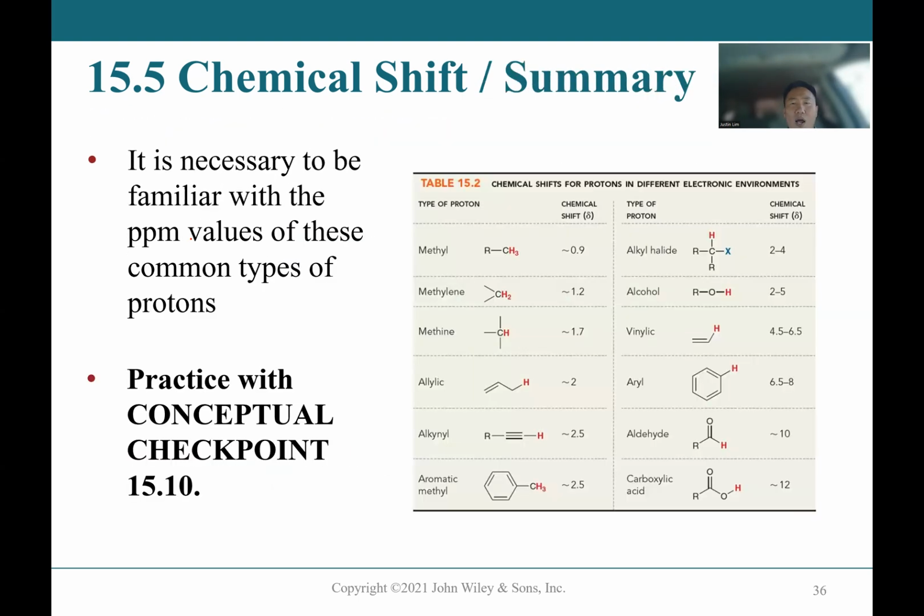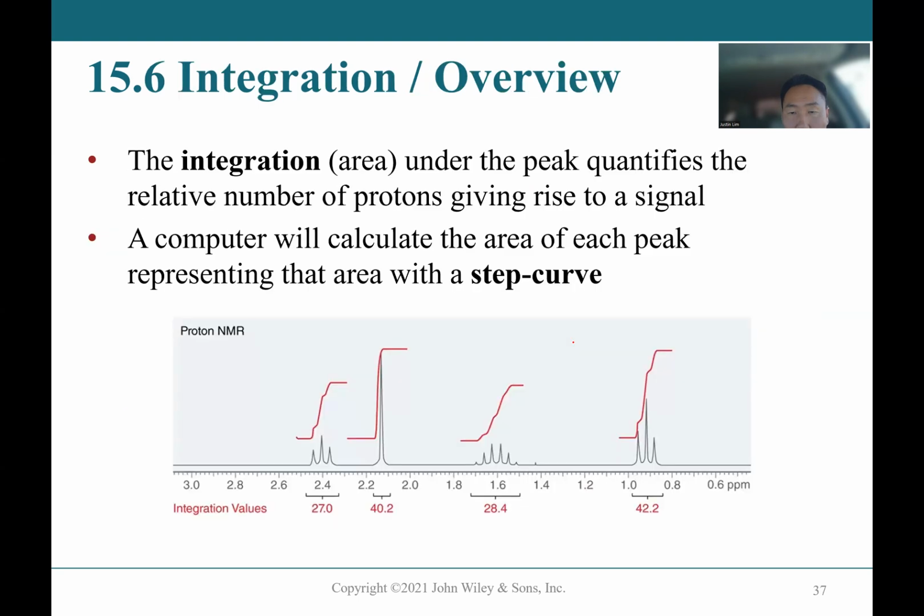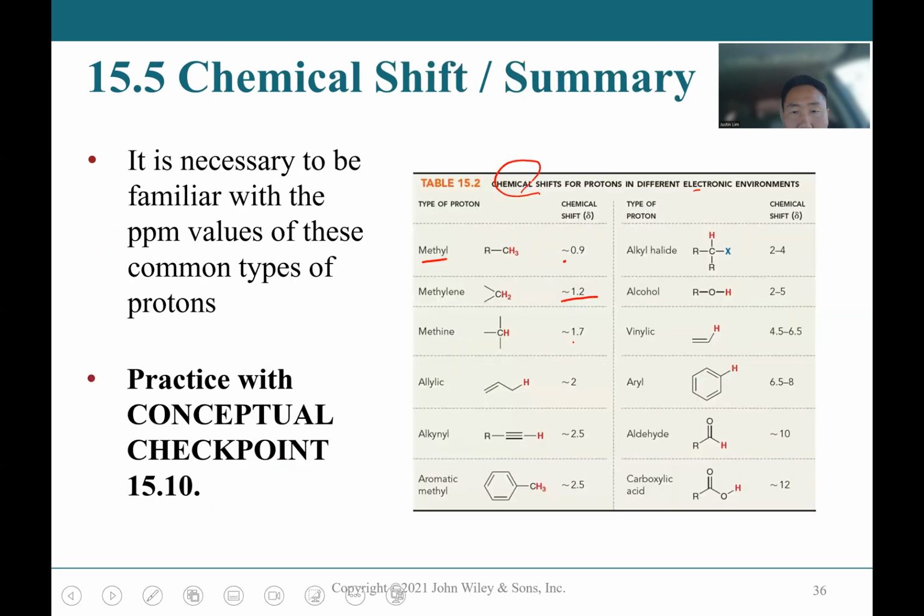You need to memorize chemical shift for protons in different electronic environments. So methyl group, red color, you can see around 0.9, methylene around 1.2, methine around 1.7, and then double bond, single bond, and CH around 2.